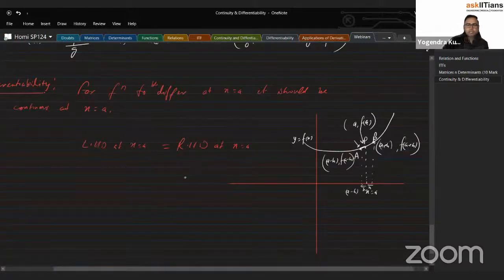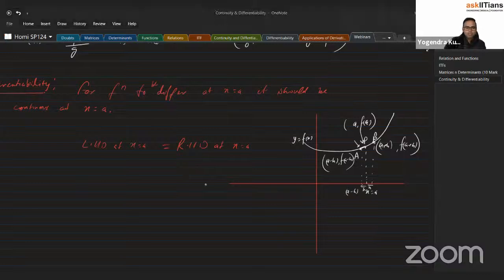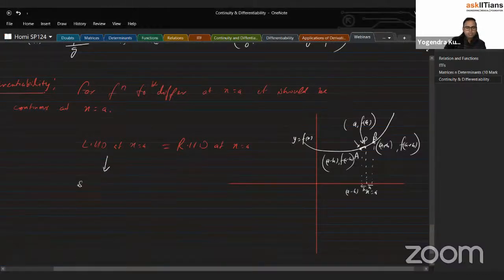So that's how I'm deciding. This is the slope of AP, which should equal the slope of line segment PB.